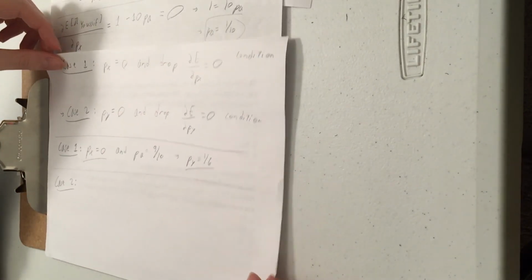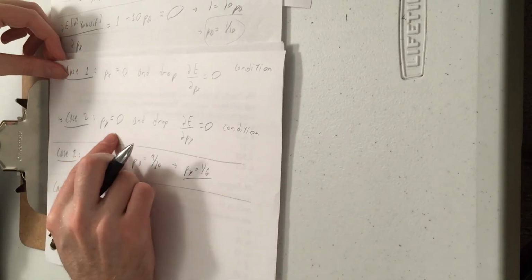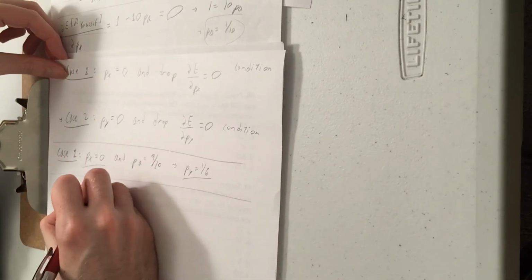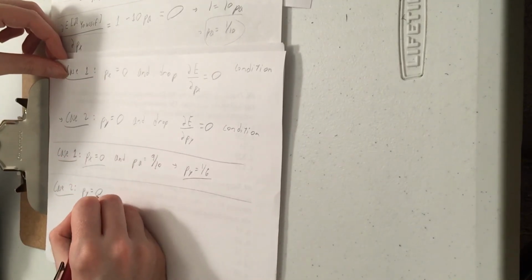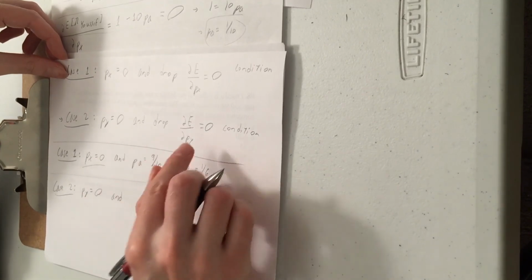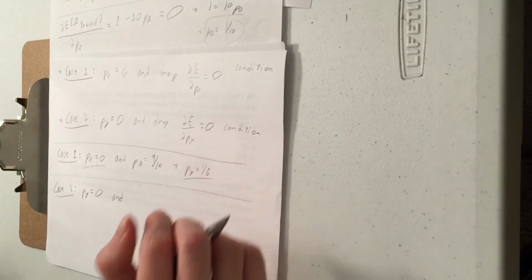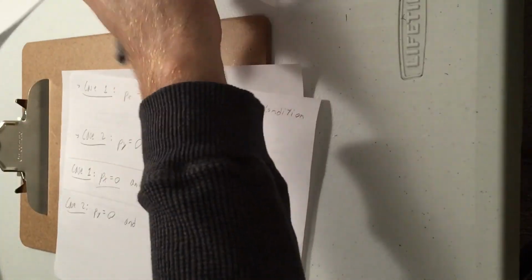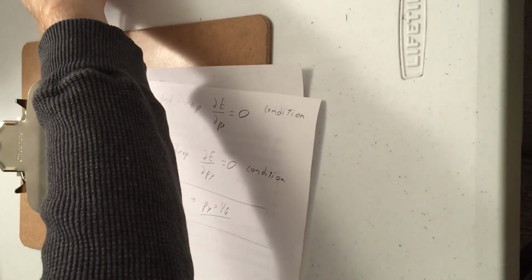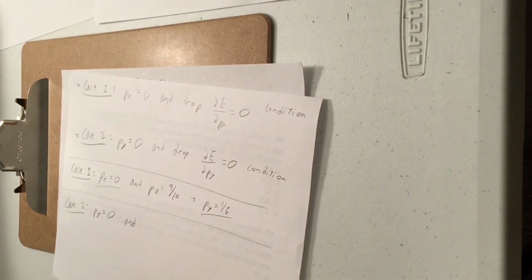Case 2 says we're going to set py equals 0, and we're going to get rid of that condition, partial py is 0. That condition was back over here.